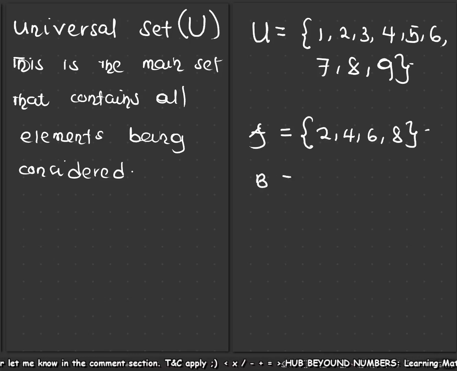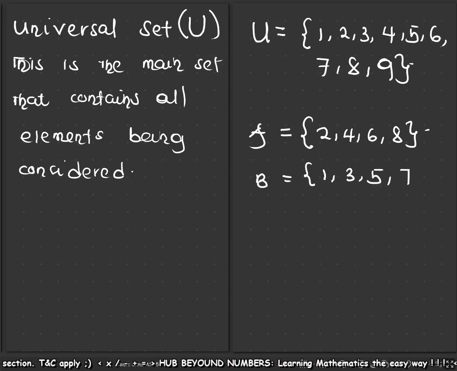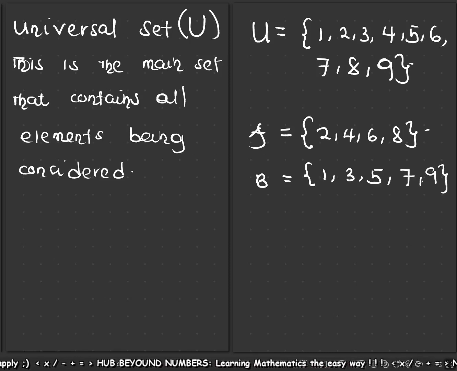If I take set B to be odd numbers less than 10, then we can take the following also. You would realize that all these sets here are taking their elements from this bigger set over here, because this is the main set we are talking about: counting numbers that are less than 10. And because they are all taken from this universal set or the mother set, that is why we call it the universal set. We will end this lesson here.